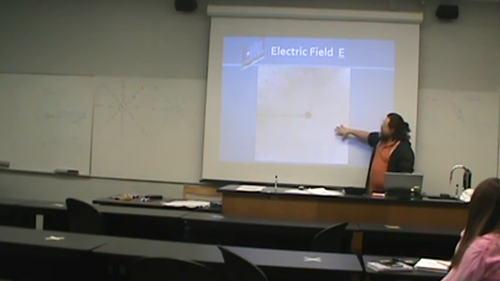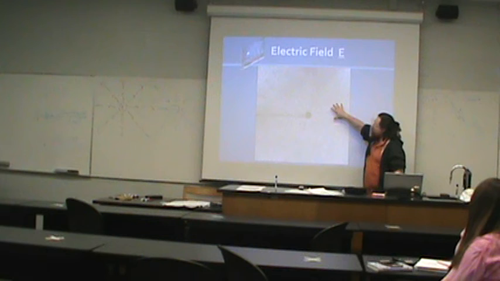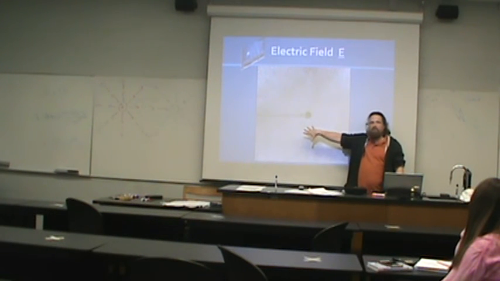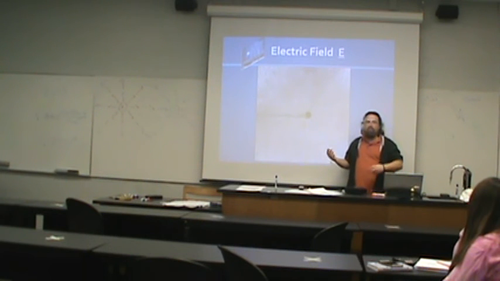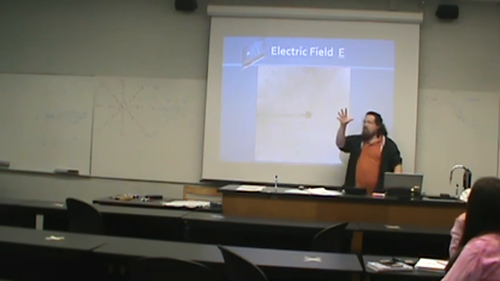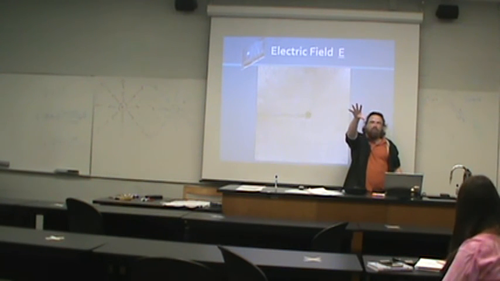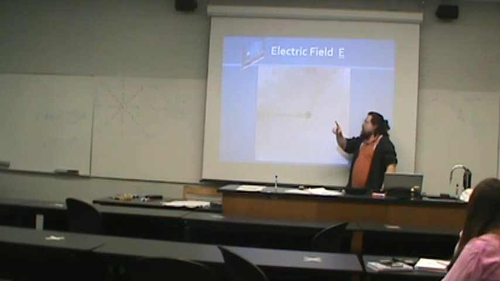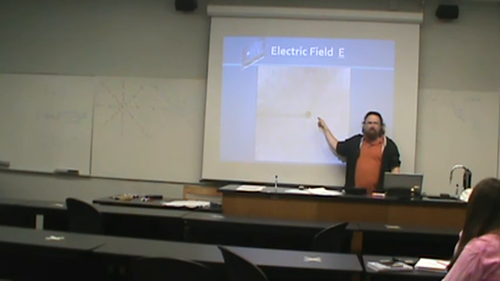And the iron shavings in the oil fell into this shape along the field lines because the particles in the shavings are reacting to the field given off by the rod. And this picture is taken from above, so that you don't see the length of the rod.